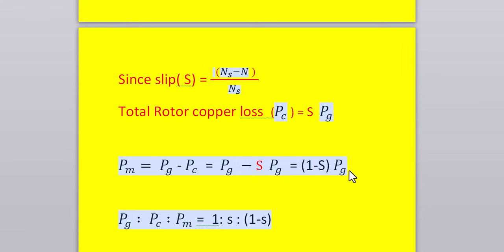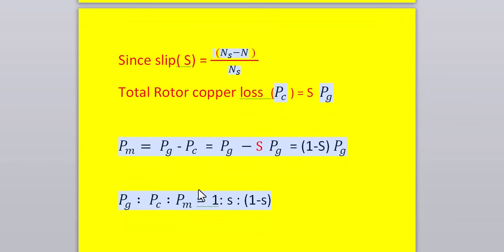Then taking Pg out as a common term, we get 1 minus S into Pg. So having known the Pm, Pc and Pg values, the ratio of those can be written like this: Pg is to Pc is to Pm is equal to 1 is to S is to (1 minus S).